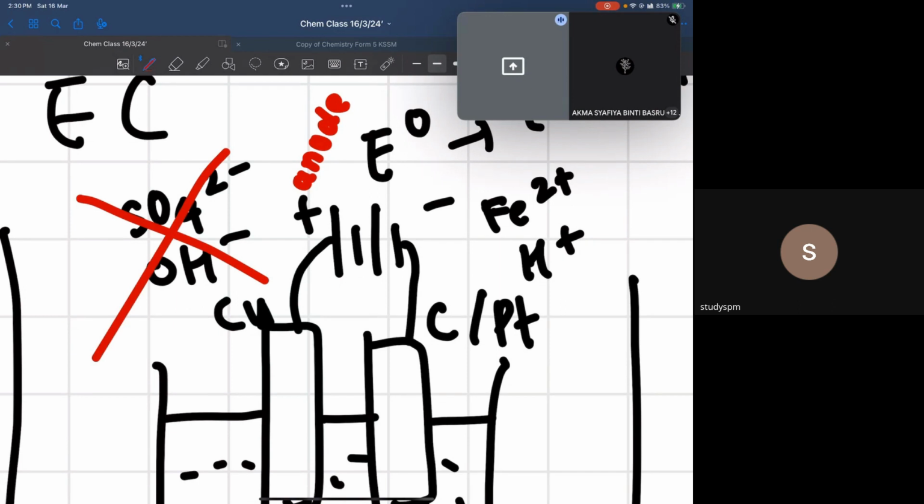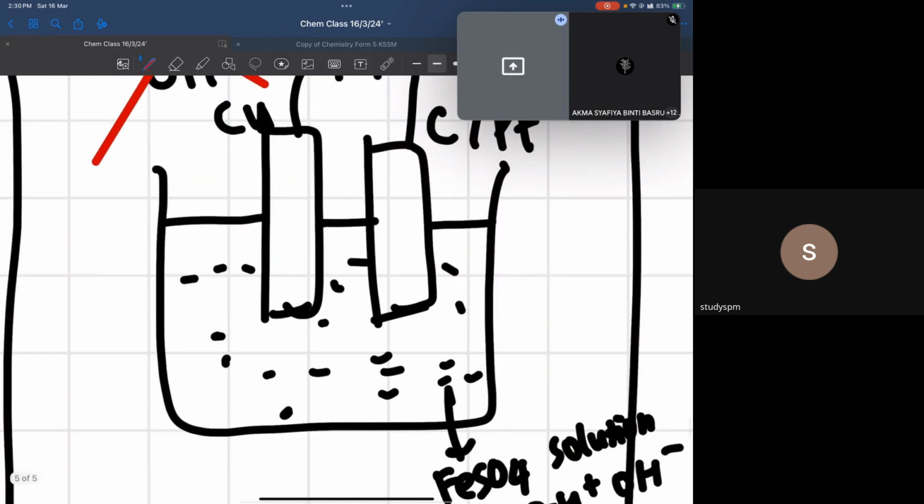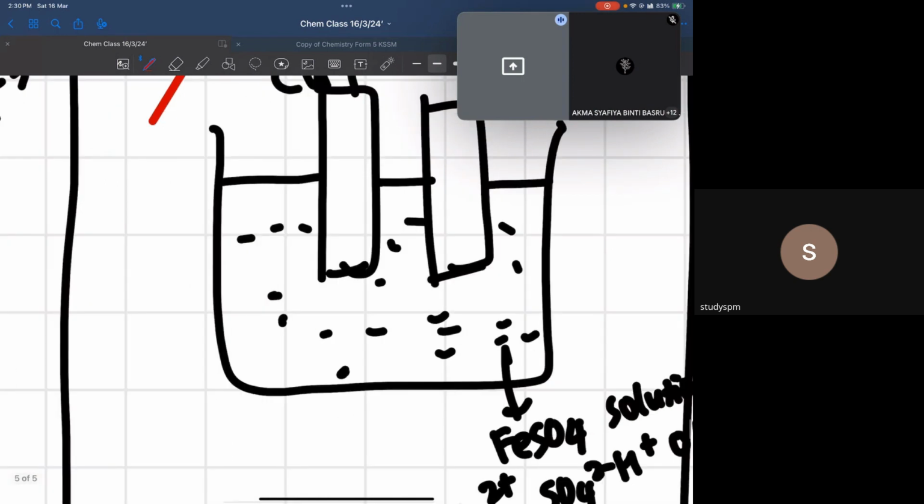That's why in the textbook there is no anion discharge, because this is a negative ion. Copper is a cation, Cu2+. It itself will undergo oxidation. So the copper undergoes oxidation.